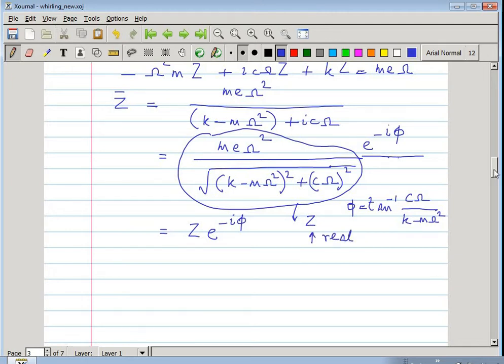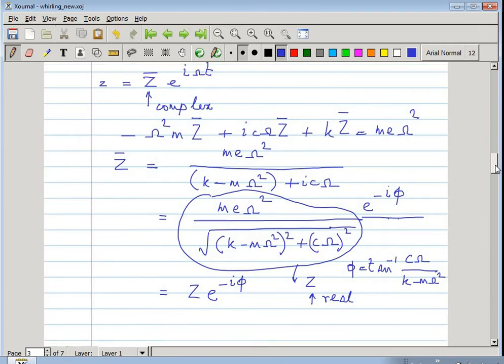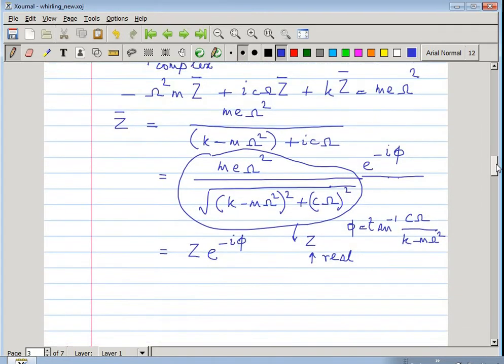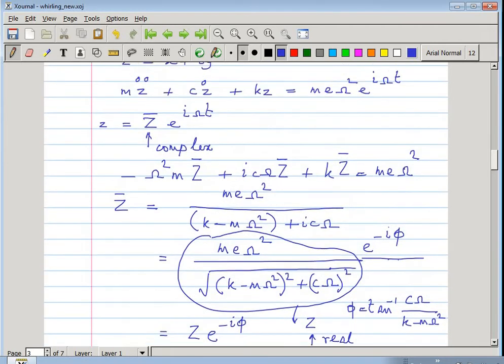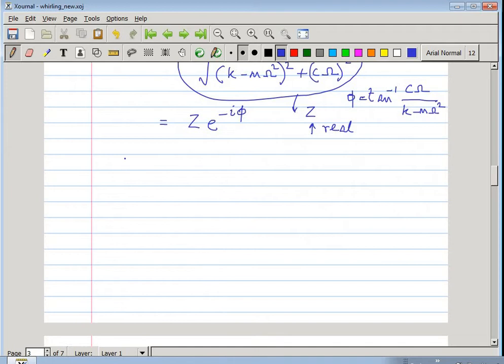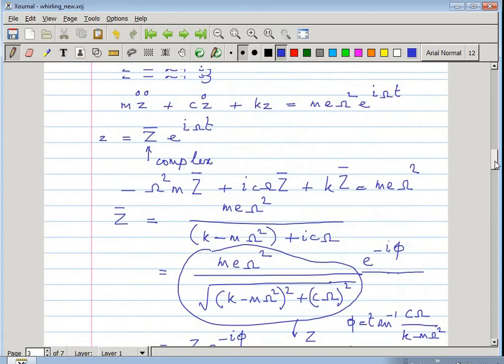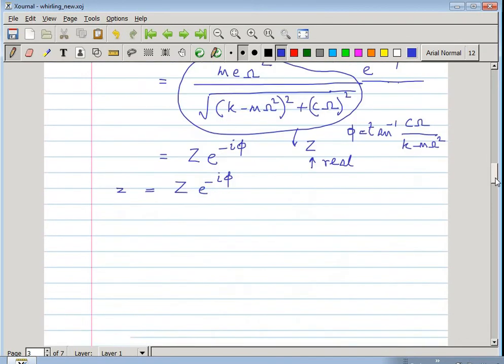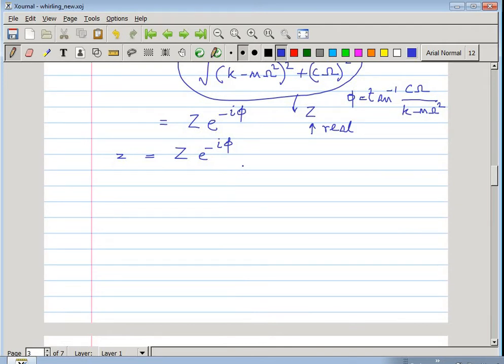So what is the meaning of it? What is the solution? The solution is small z, which is capital Z e to the power minus i phi, which is Z bar into e to the power i omega t, and Z bar is Z into e to the power minus i phi.